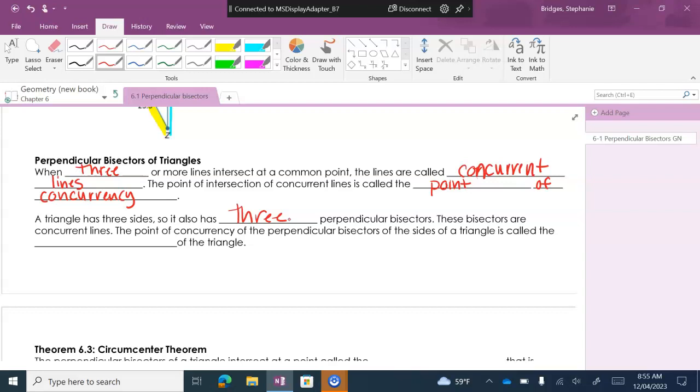And the point of concurrency for perpendicular bisectors is called the circumcenter. Circumcenter, the point of concurrency for perpendicular bisectors, is the circumcenter of a triangle.